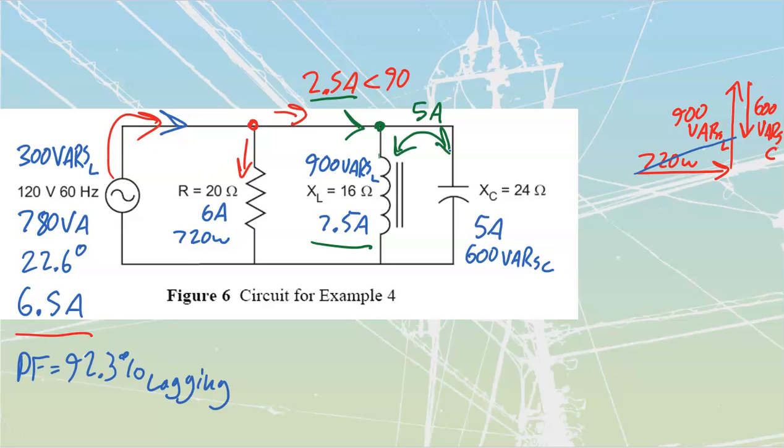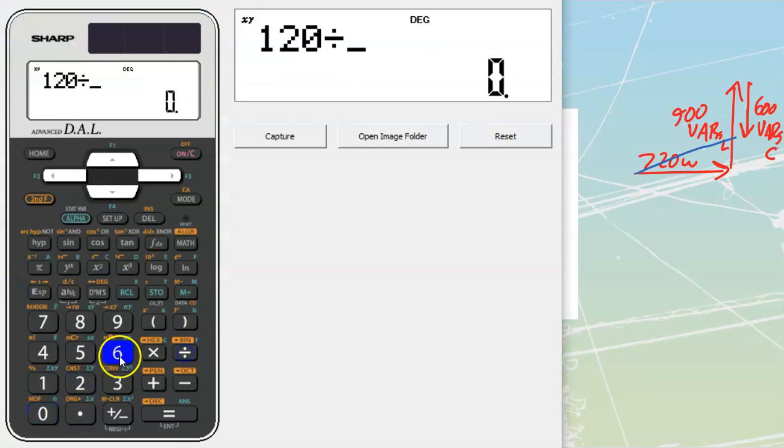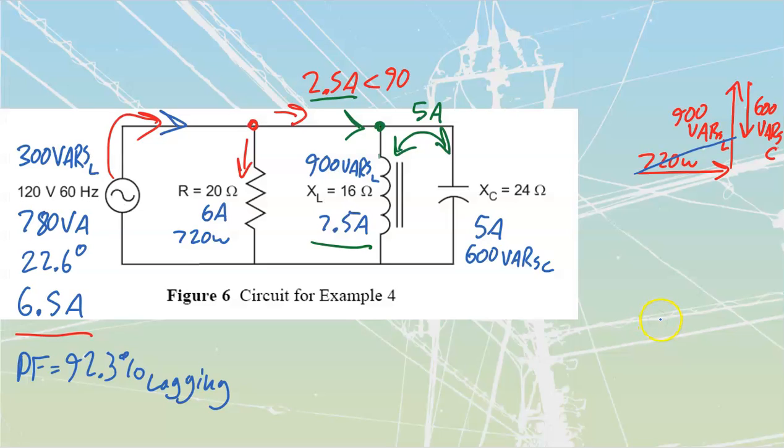Last of all, for impedance, impedance is going to be R is equal to my E over I. So 120 volts divided by 6.5 amps will tell me my total line impedance. 120 divided by 6.5 gets me to a value of 18.46 ohms. 18.46 ohms of impedance that we're going to have over here.